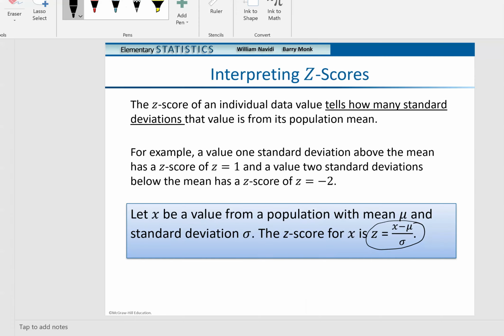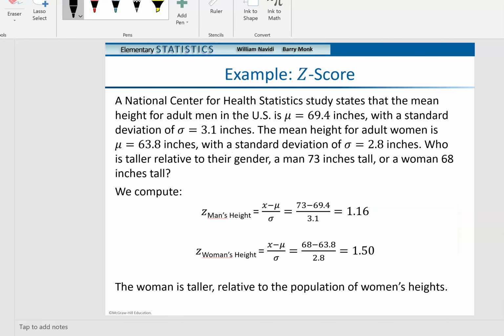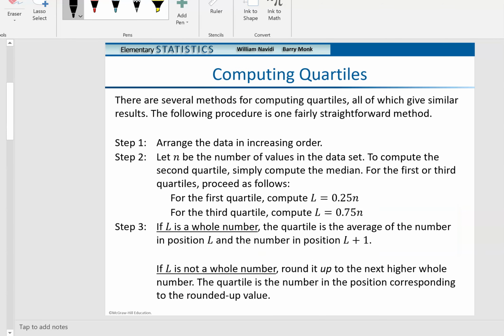So the quartiles, when I'm looking back at the PowerPoints, is right here. Arrange the numbers in order. Let n be the number of values in the data set. So now I want to do 0.25 times n and 0.75 times n.